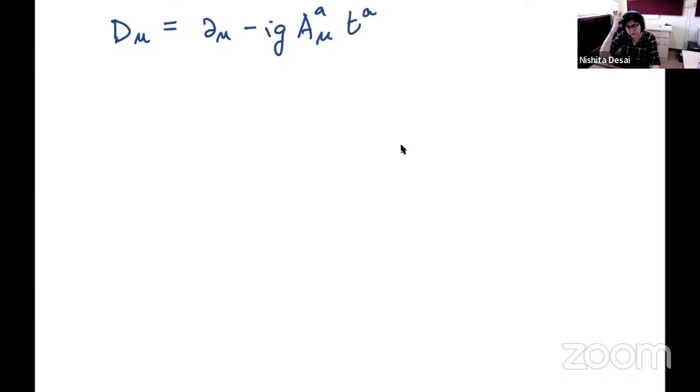coupling. Okay. So remember, we defined a charge for the fermion. So we had written our covariant derivative like this. So we can just extend it for extra degrees of freedom by adding generators.